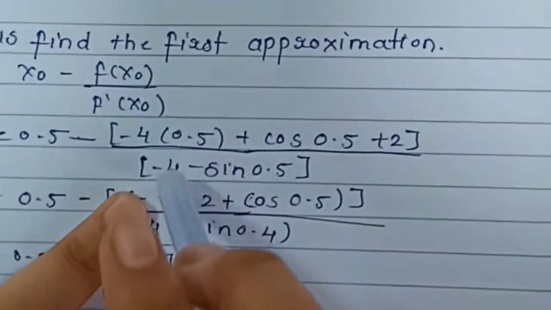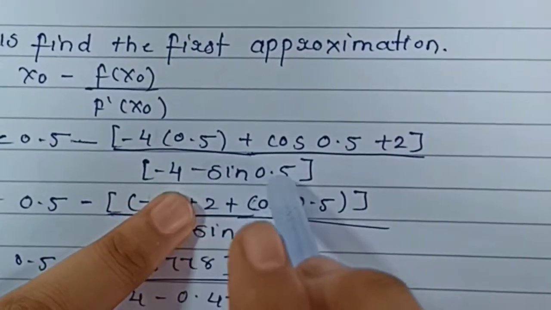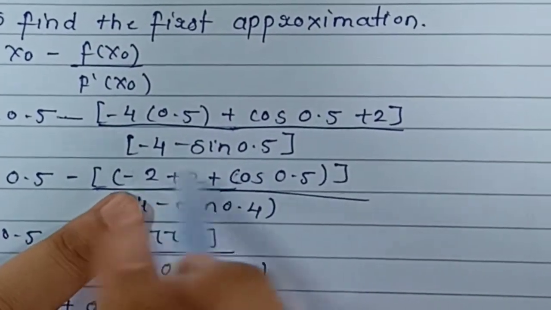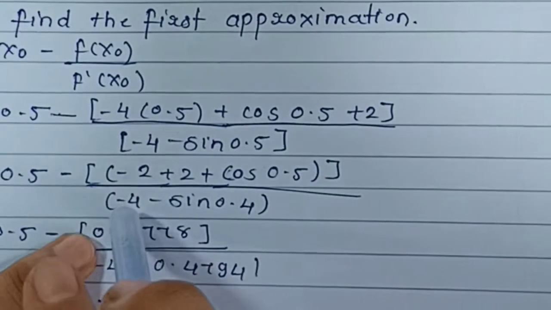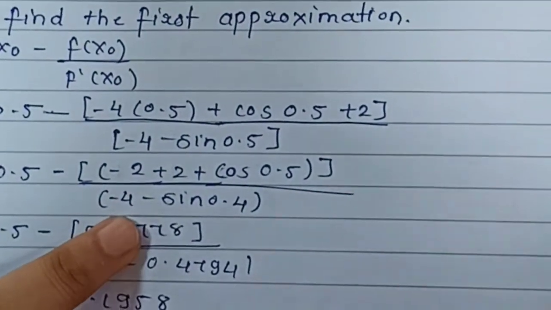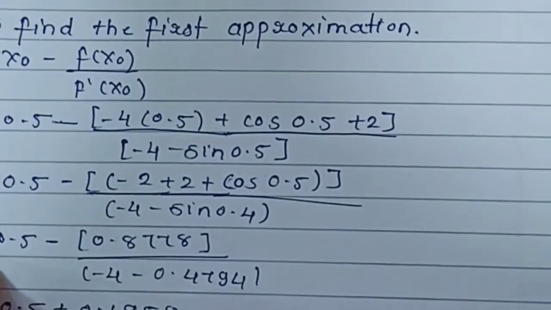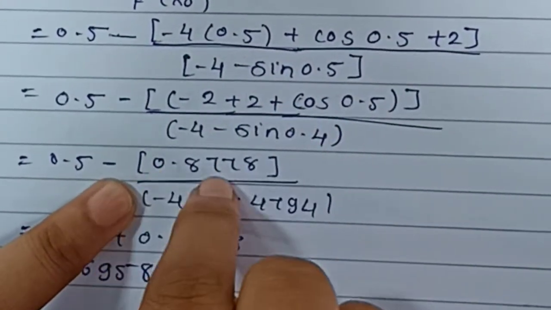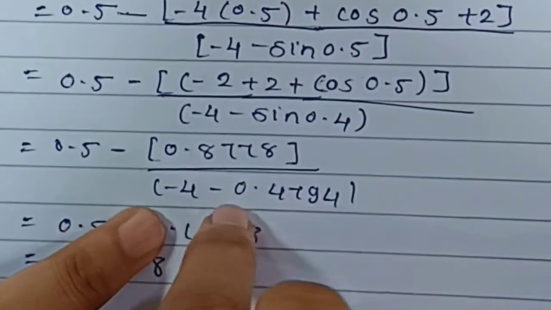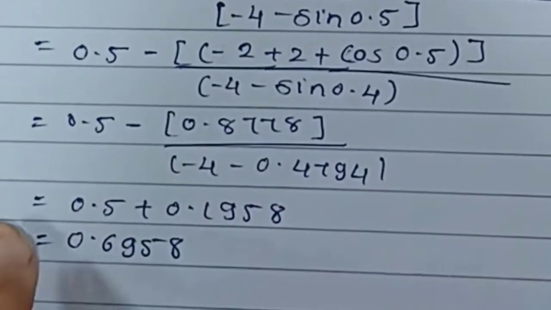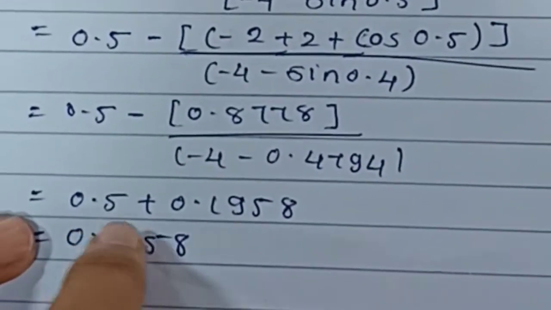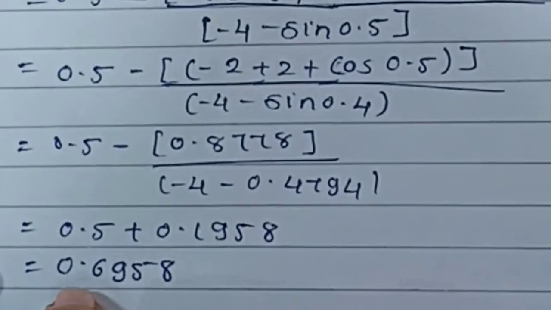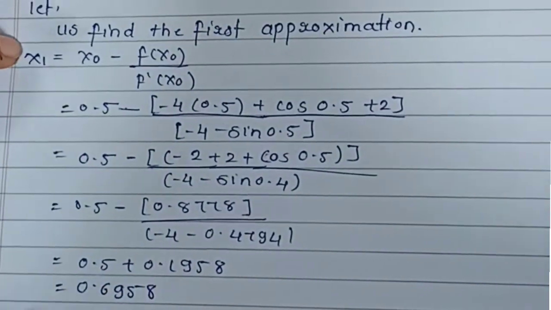Then f dash of x naught is minus 4 minus sin 0.5. That equals 0.5 minus (minus 2 plus cos 0.5) divided by (minus 4 minus sin 0.5), that equals 0.5 minus the value 0.8778 divided by minus 0.4794, that equals 0.5 plus 0.1958, so x1 equals 0.6958.